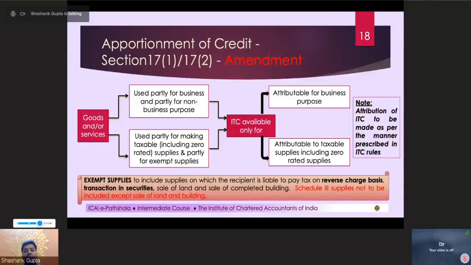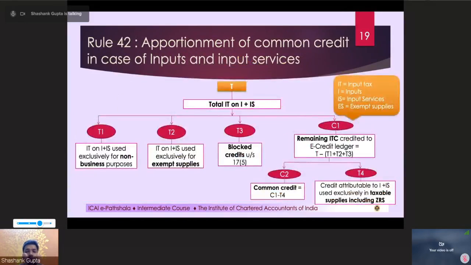And this is common for the entire entity, which would include taxable as well as exempt. That is why, where there is this common credit, which is relevant for taxable as well as exempt, this Rule 42 needs to be applied, and this Rule 42 only talks about inputs and input services.